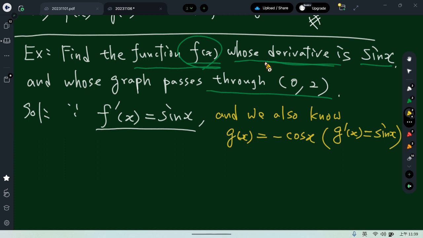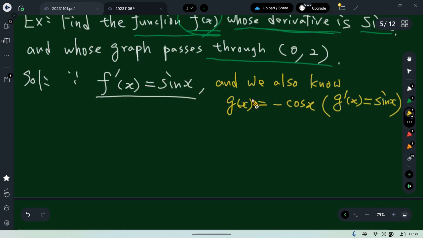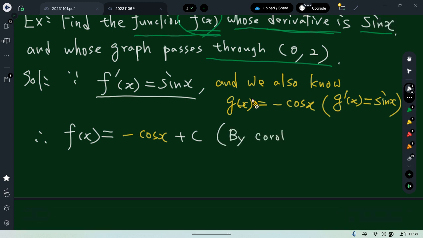So right now, if I choose g of x is minus cosine x, then I can make sure g prime x has the same derivative as f of x, right? So based on this, therefore f of x must be minus cosine x plus c based on corollary 2.